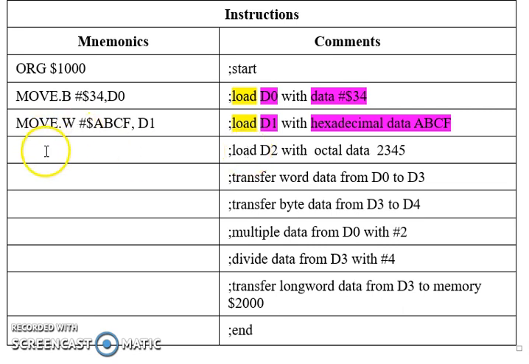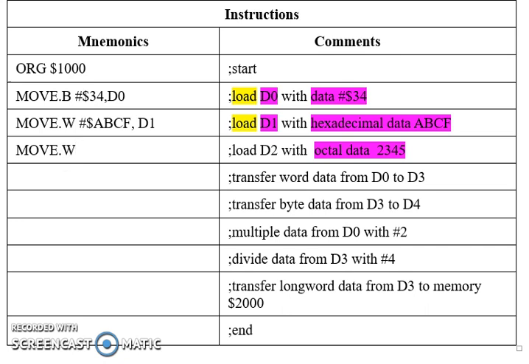Go to the fourth line. Load. Again, we are going to use move. D2 with octal data 2345. Same as the third line. Here they use octal data 2345. We don't know whether it will remain the same or change into more than 4 places, but we have 4 places here, so just write .w.